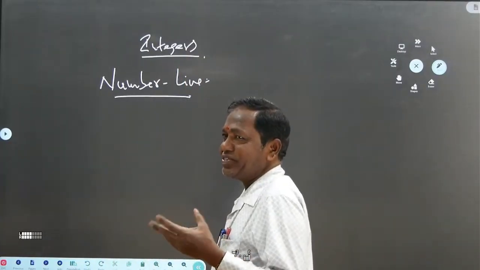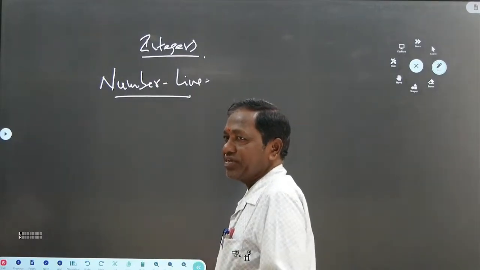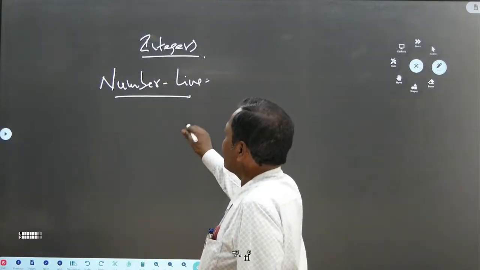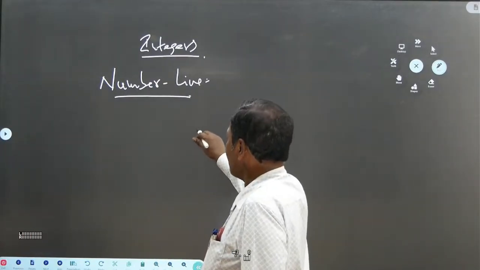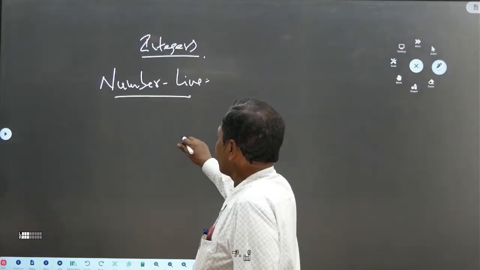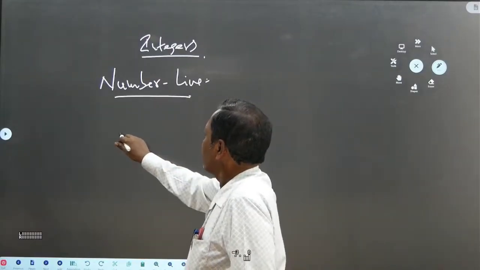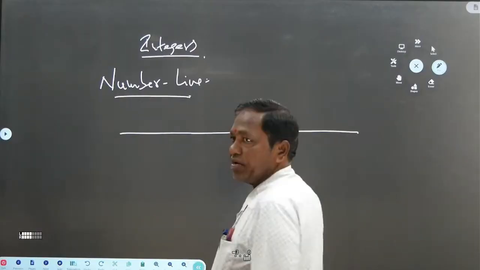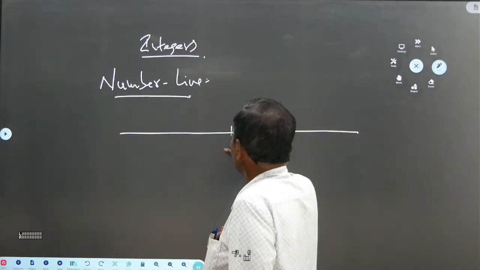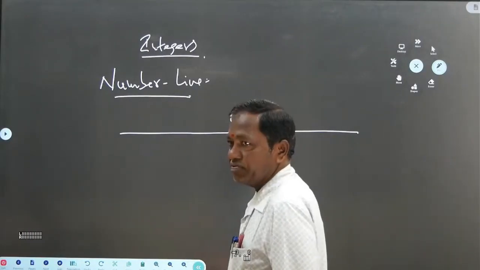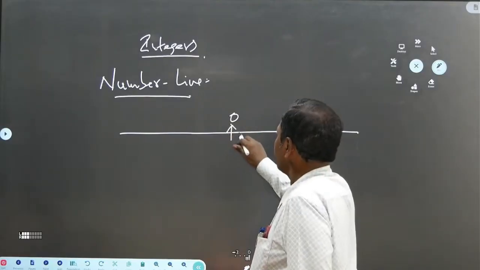This doesn't take much time, very few seconds only. What is the number line? Let us draw a line like this. Take this as the 0.